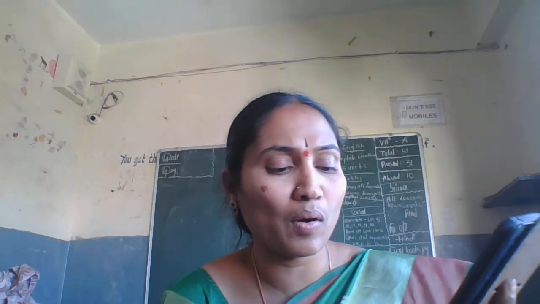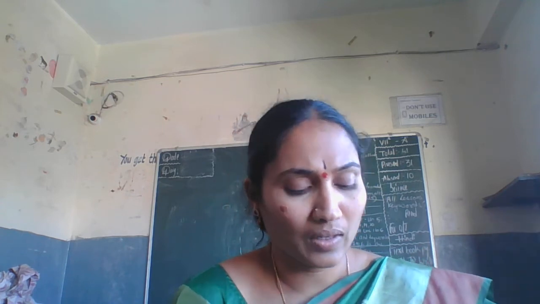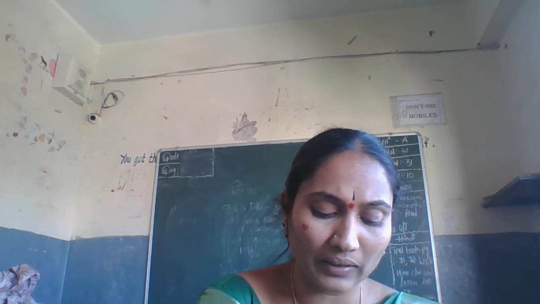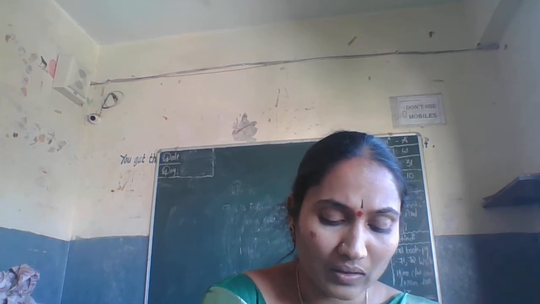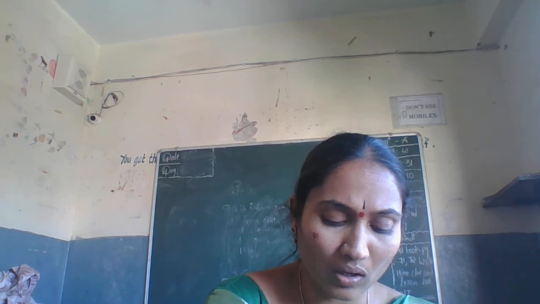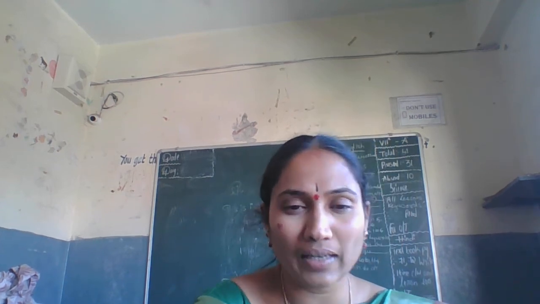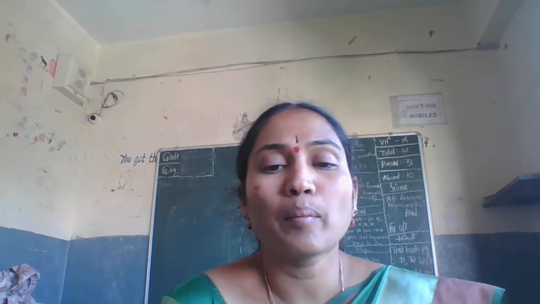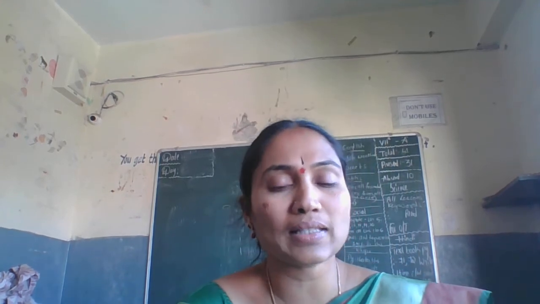Page number 175: living things, non-living things, growth, breathing, excretion, response, stimulus, movement, microorganisms, microscope. Learn and write these hard words one time, children. This is all for today's class. Please go through the textbook once or twice.